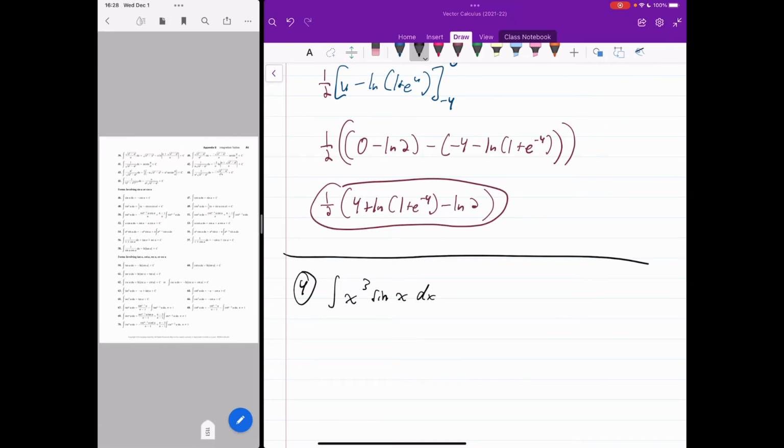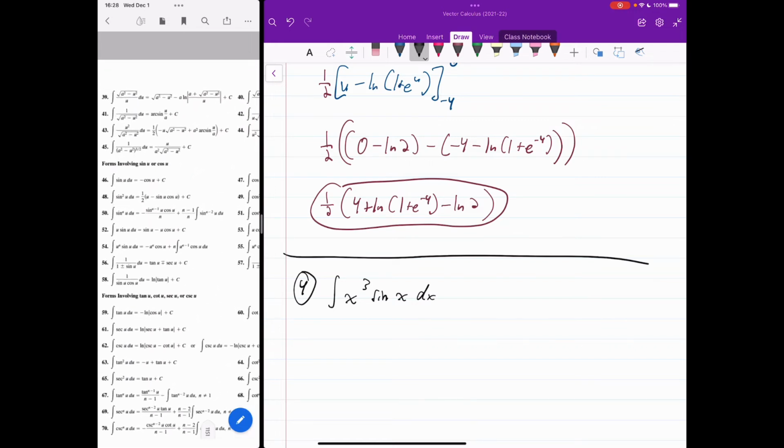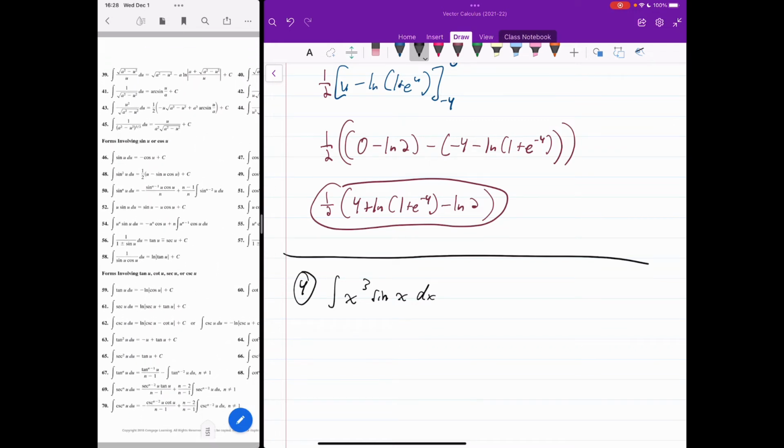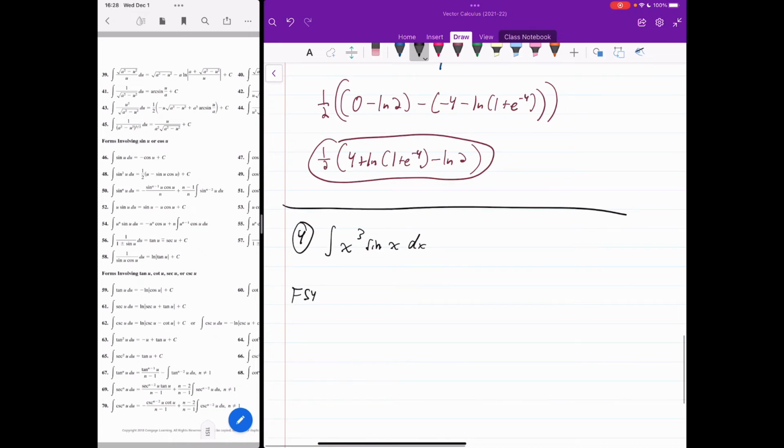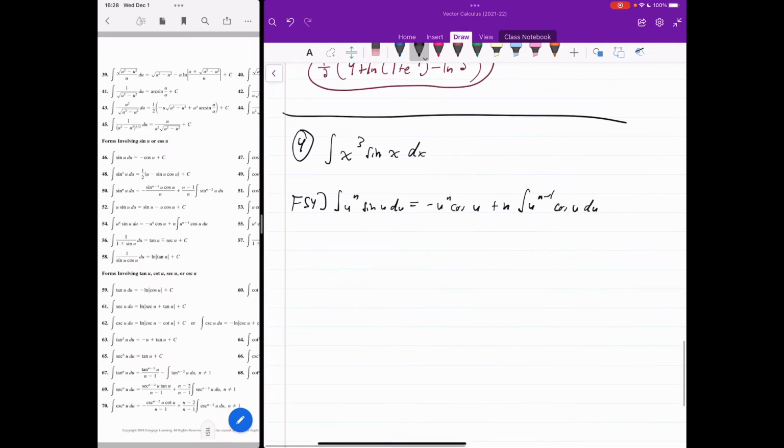So if I go to sine, I see that we have something like u sine of u du for 52, but then formula 54 is much more applicable. Formula 54 says the integral of u to the n sine of u du is negative u to the n cosine of u plus n integral of u to the n minus 1 cosine of u du.